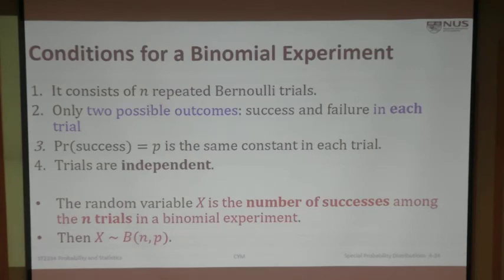So you need n repeated Bernoulli trials. Bernoulli trials means you've got 2 outcomes for each trial, the success probability is p, and the trials are independent. So a random variable x, which is the total number of successes in these n independent Bernoulli trials, is distributed binomial n, p.